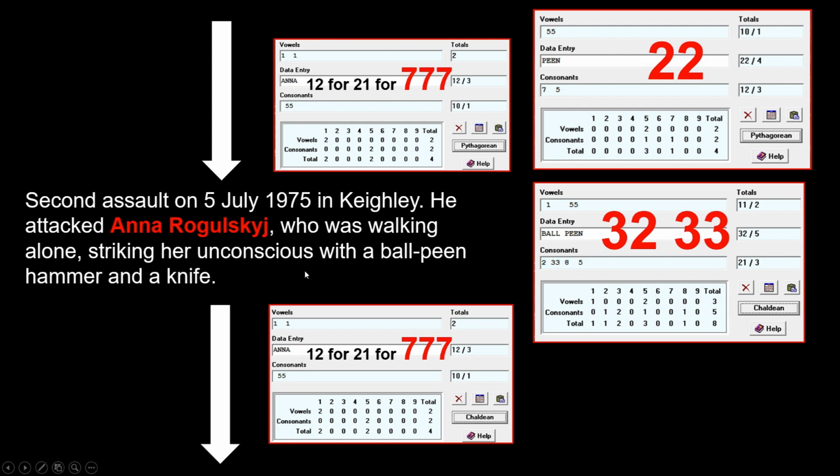Anna, in both Chaldean and Pythagorean, is 12, reversed for 21 for 777. In both cases, and peen comes to 22 in Pythagorean, so there's our 22 again, and ball peen comes to 32. Now there are 32 levels in the Scottish Rite of Freemasonry, but it could also be 2 3s for 33.